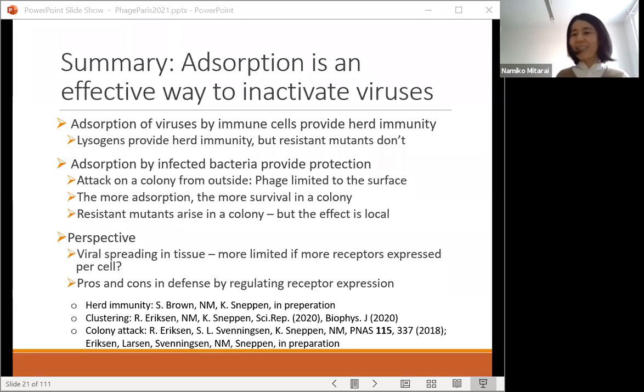So maybe they could do that kind of thing, but this absorption becoming a loss is, in a sense, the unavoidable consequence of what phage can do.